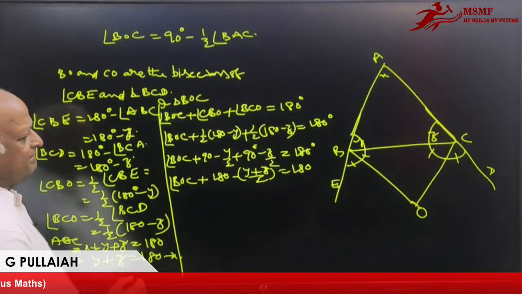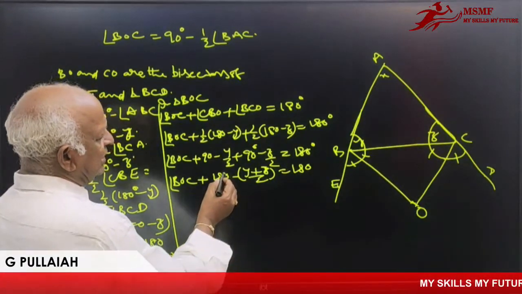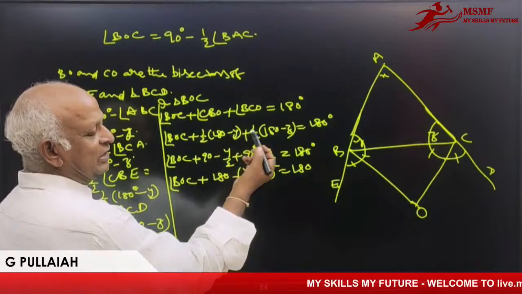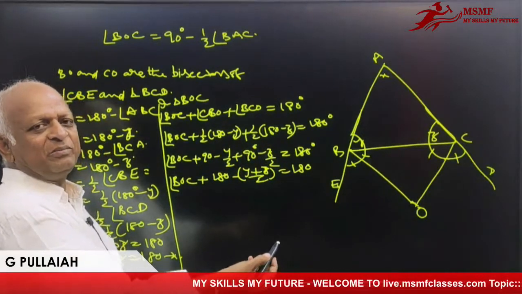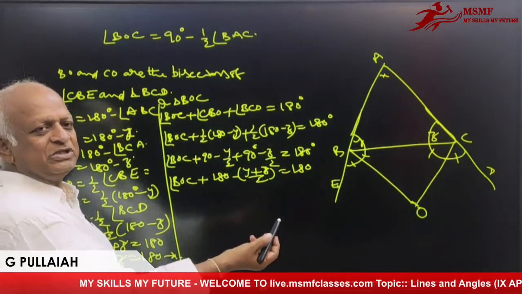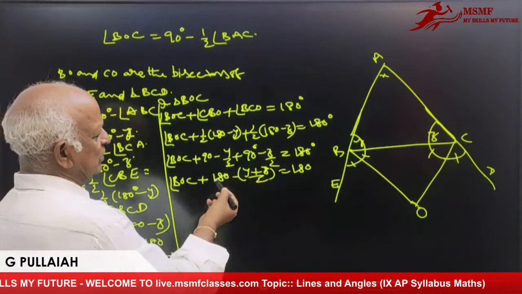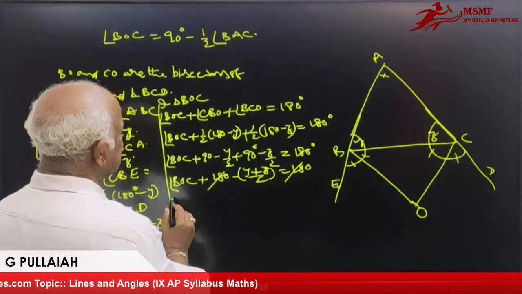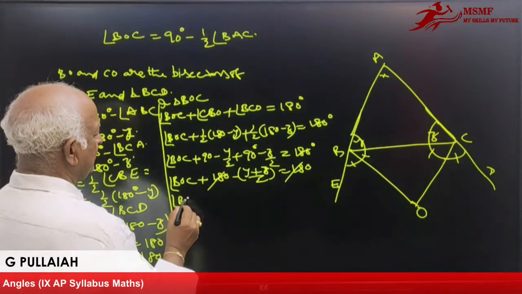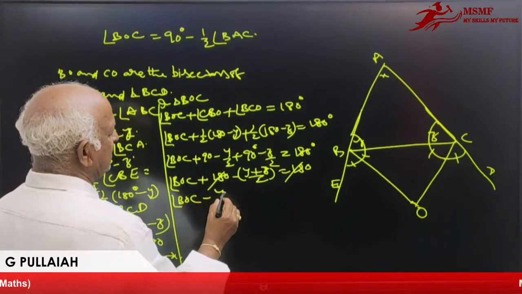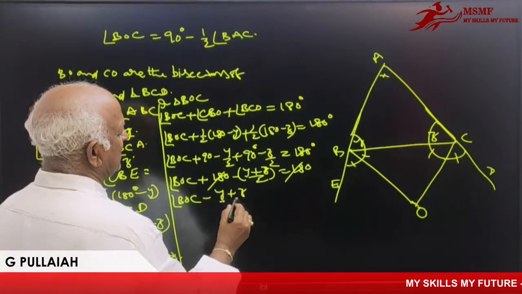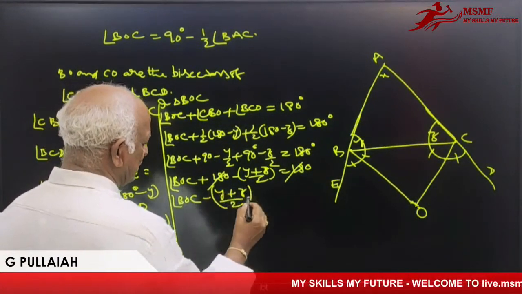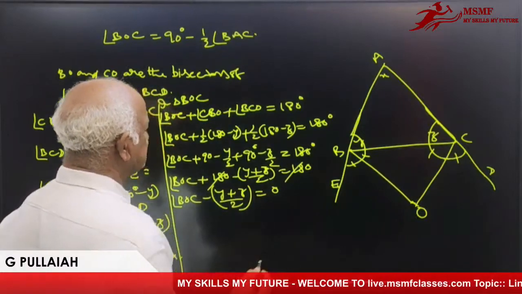So now we can cancel 180 to 180, or taking 180 to this side, it will become 180 minus 180, so it will be 0. So simply we can cancel these two. We can say BOC plus y plus z by 2 is equal to 0.